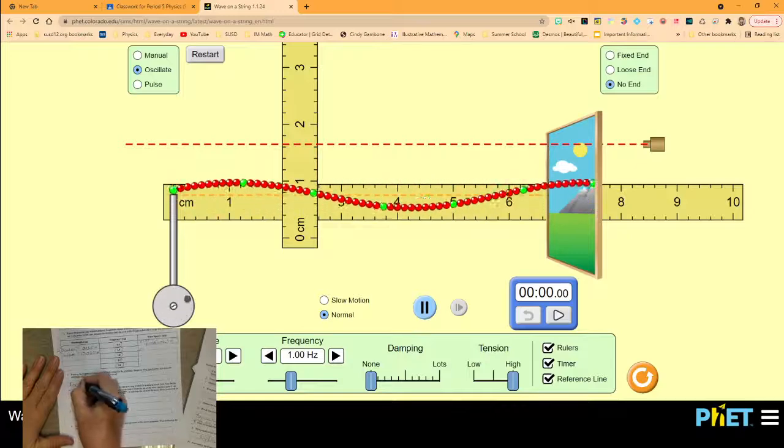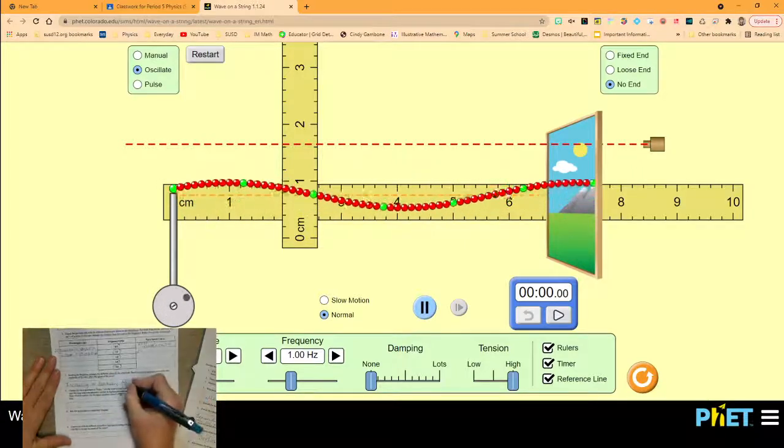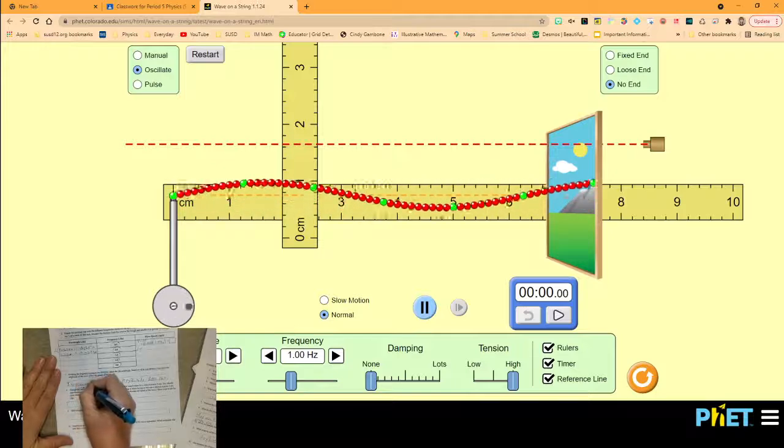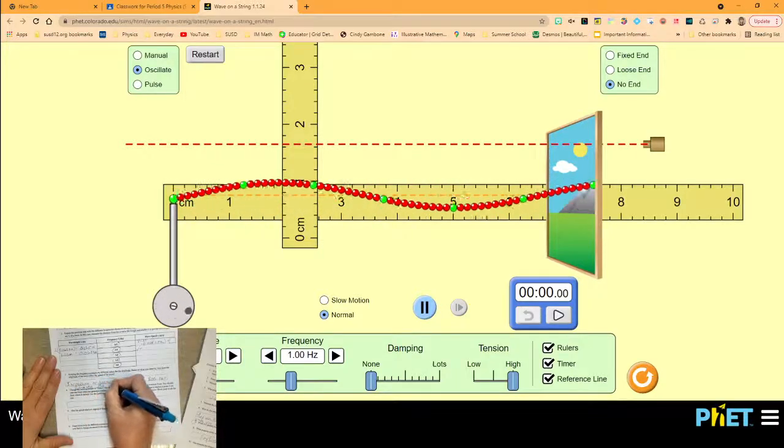You can write a little note: increasing or decreasing amplitude does not change the speed of the wave.